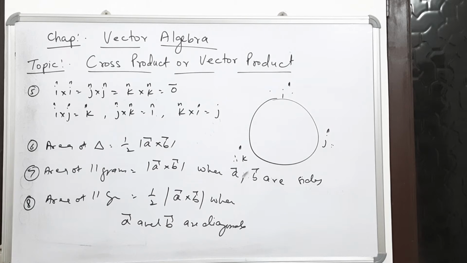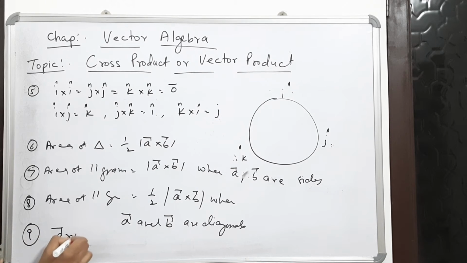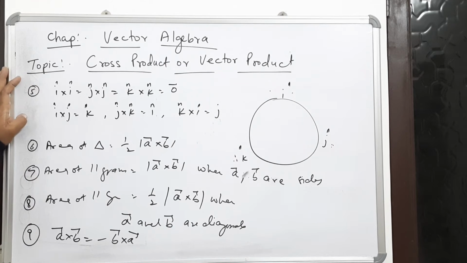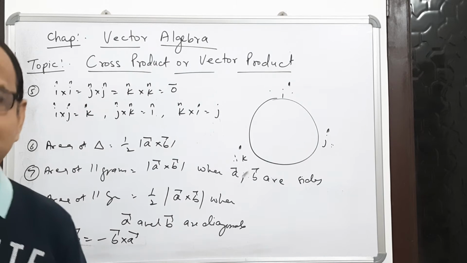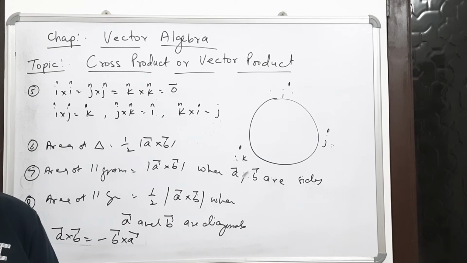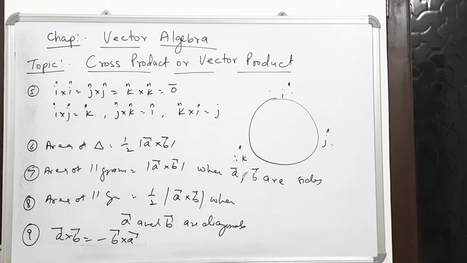A very important property, the ninth property, that A cross B will be equal to minus B cross A, I will explain afterward. But this is regarding the IJK system. And this part is very important this year for the board examination, because small objective questions can be asked from this particular part.